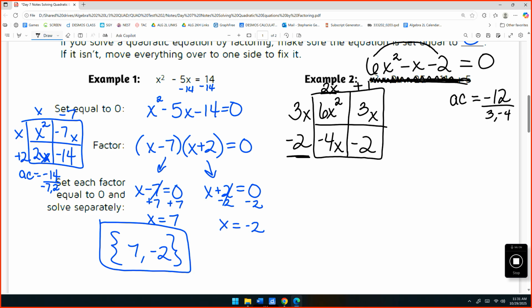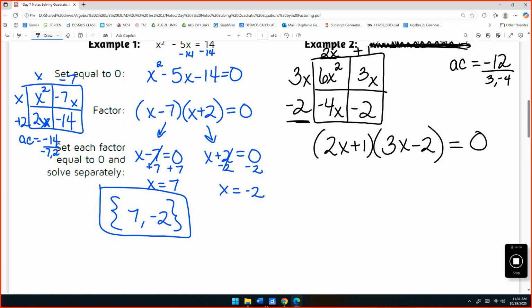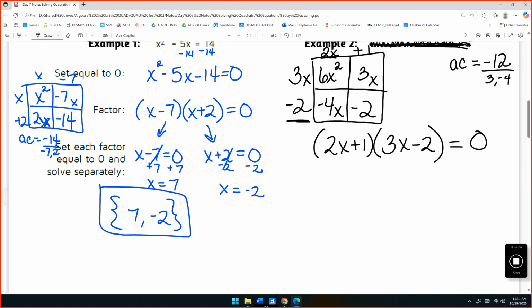Okay, so these are my factors. My factors are 2x plus 1 and 3x minus 2 equals 0. Can't forget that equals 0. So I've factored it. Now I'm on to this step: set each factor equal to 0 and solve separately.